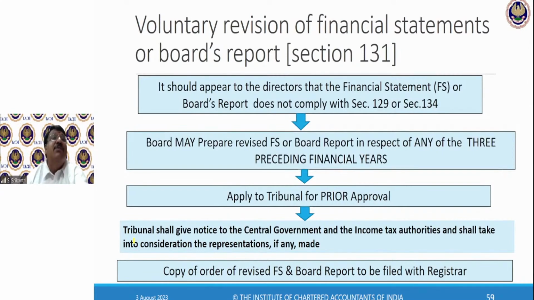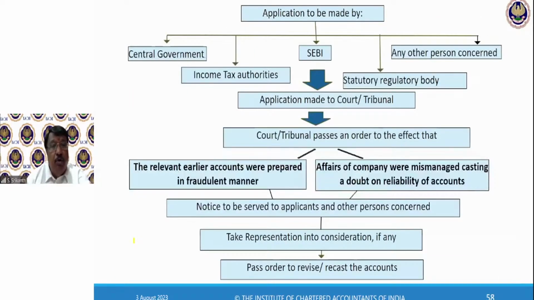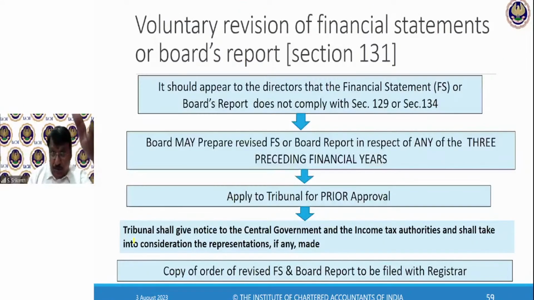The directors themselves are finding it. Then the board may prepare a revised financial statement or board report in respect of any of the three preceding financial years. Earlier, it was due to fraud, and the application was given by some third party. Here, directors voluntarily want to change.